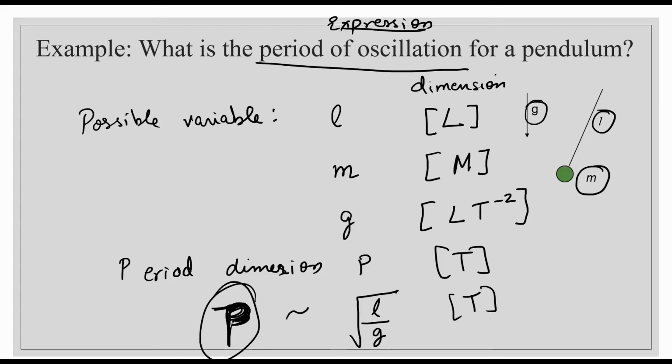So from here you can find the expression, even though you don't know anything about its physics. If you know the variables involved, you can have some idea about the formula. We haven't talked about the physics, but still you are able to derive the expression. So this is the power of dimensional analysis.